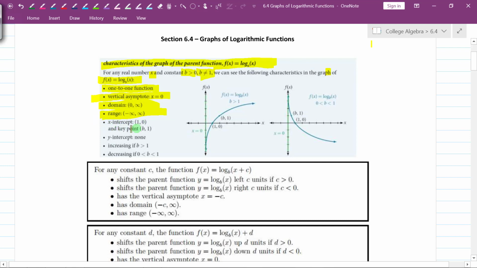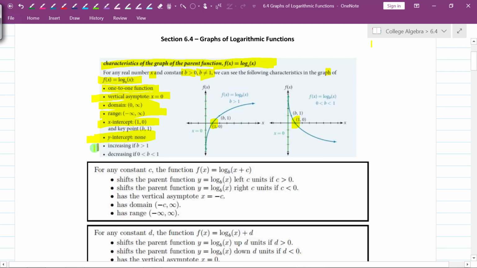They call it a key point here, and that is the x-intercept, and that occurs at the point (1, 0). Doesn't matter if it's an increasing or a decreasing function, the one known point occurs at (1, 0), which is very similar to the exponential function, which has one known point at the y-intercept, (0, 1). There is no y-intercept for the logarithmic function.